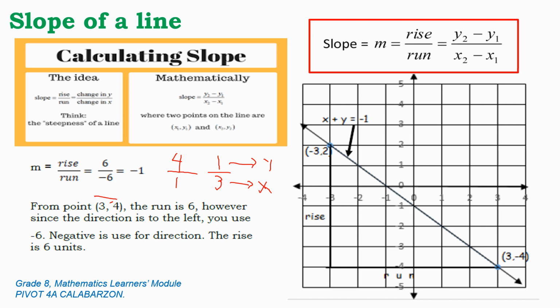So, 6 yan. Then, the rise is also 6. 1, 2, 3, 4, 5, 6, hanggang dito. So, ibig sabihin, from using only the 2 points, you can find the value of slope. Okay, just follow the description.